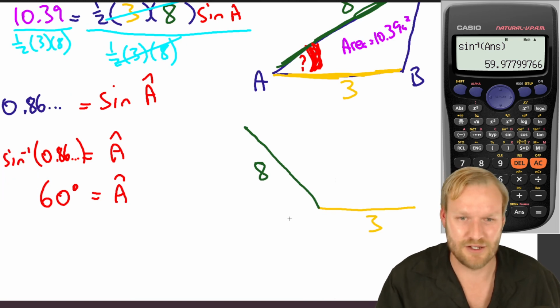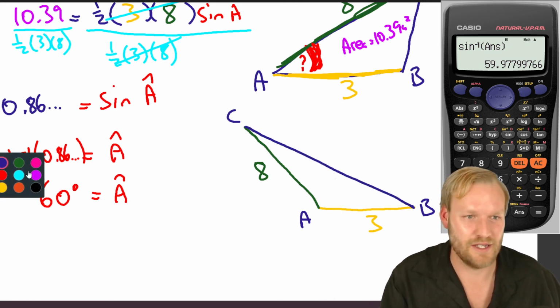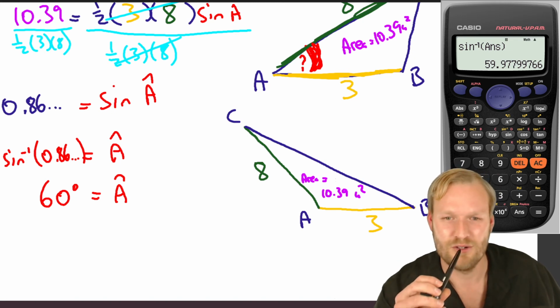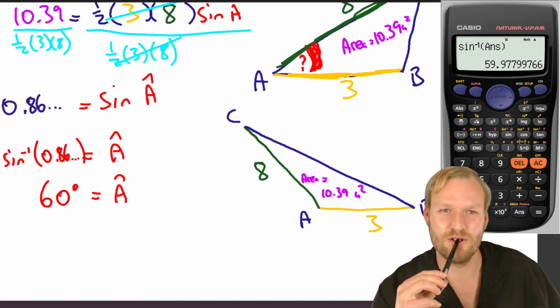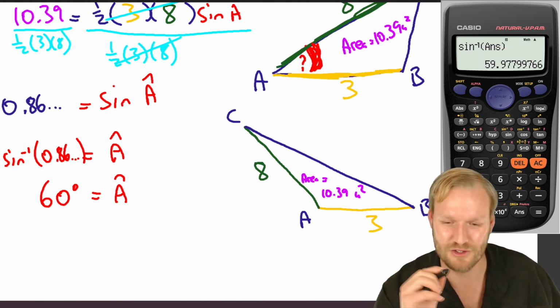This is still A over here. This is still B, and this is C. And now our last side of the triangle looks like that. And our area still equals 10.39 units squared. Why could that not have been a possible version of the triangle? And I'm just going to say it is a possible version of the triangle.